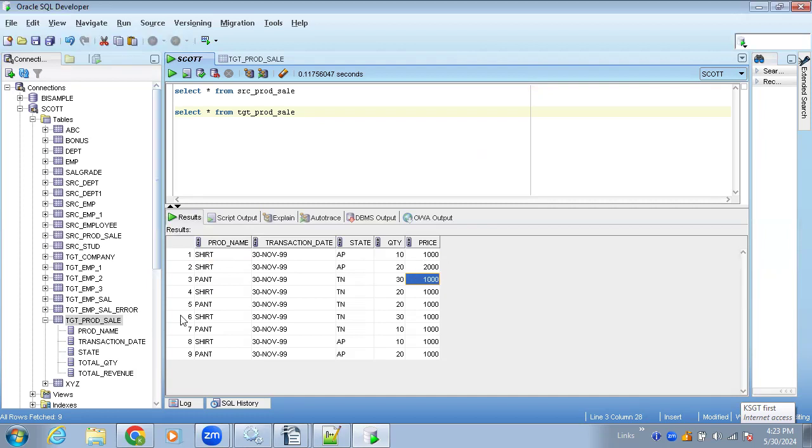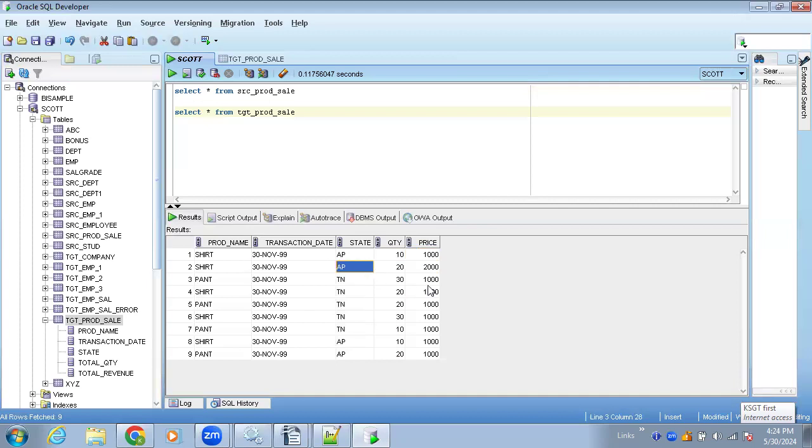1,000 rupees. Here it is not giving how many shirts have been sold in total. It is only giving the quantity of the sold items, the price per each quantity, the unit price. This is price per each shirt.